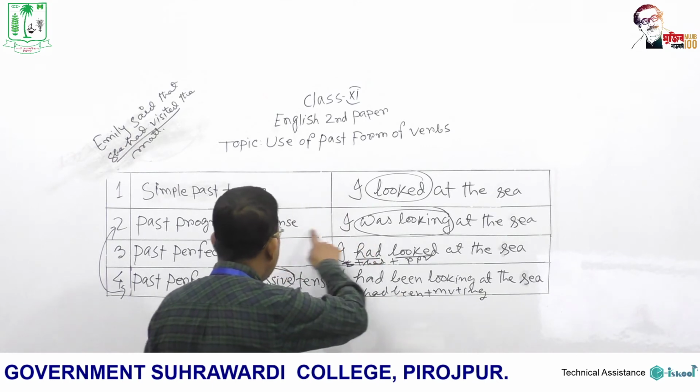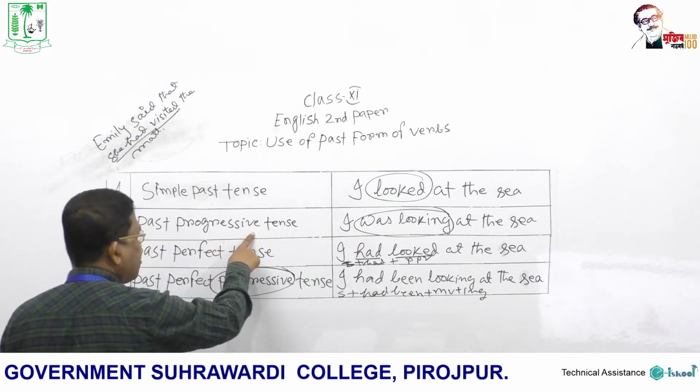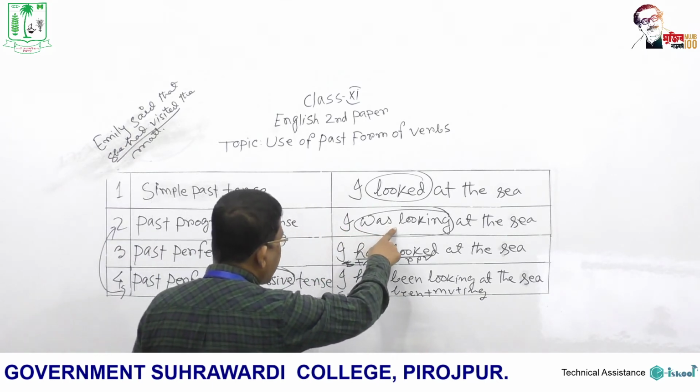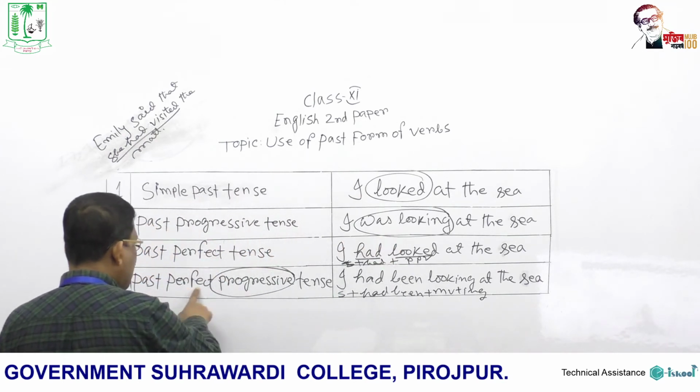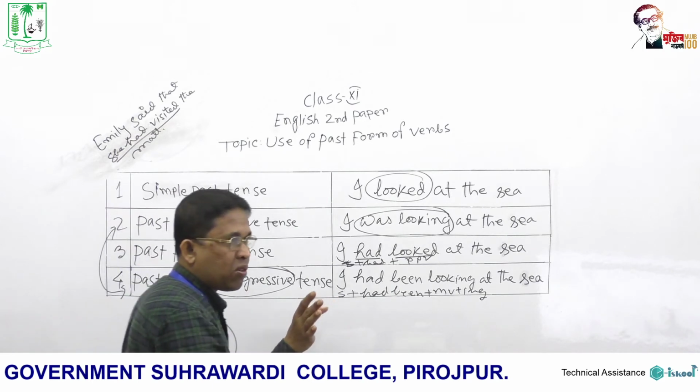That is, here we get shorter time. The action was going on in the past progressive tense, and in past perfect progressive tense, the action is going on.